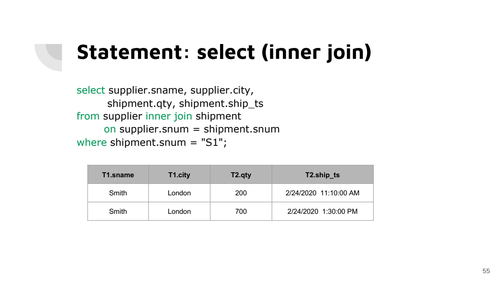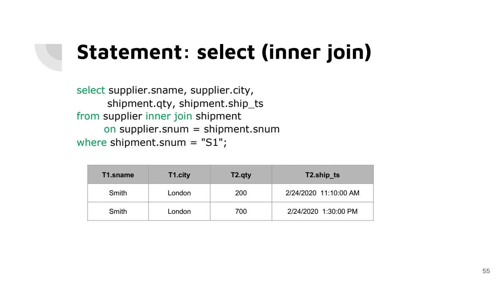But then we do an inner join because we only want rows, or combinations of rows of both tables, when the join condition holds. So this is the join condition. That means the supplier sname must be equal to the shipment sname. And so it's very, very simple to express.